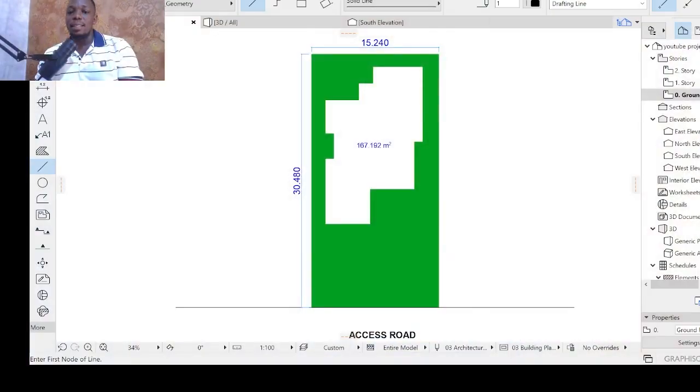Now today's topic is what kind of a house can you fit on a plot of 100 by 50. A plot of 100 by 50 is something like, for example, you are seeing on my screen.